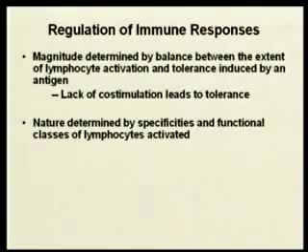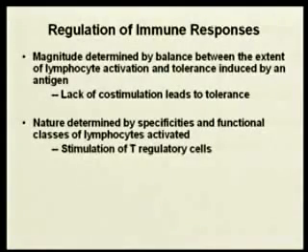Also, whether you have activation or downregulation depends a lot on which cell types are activated. Is it Th1 or Th2? Again, Th2 can downregulate Th1. Th1 can downregulate Th2.